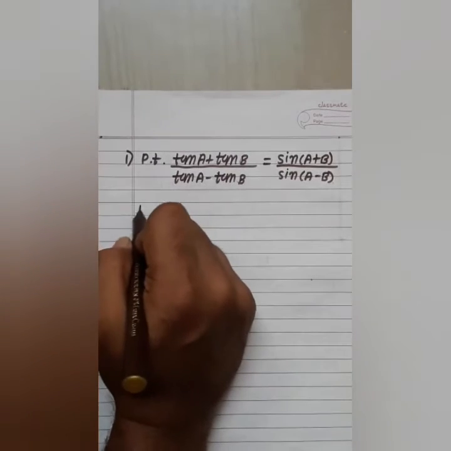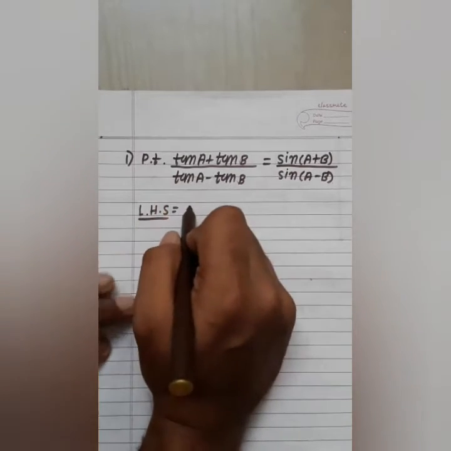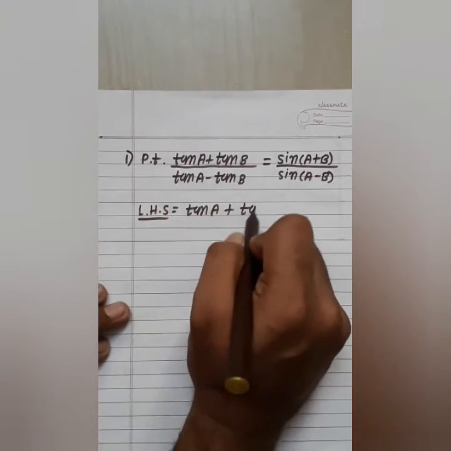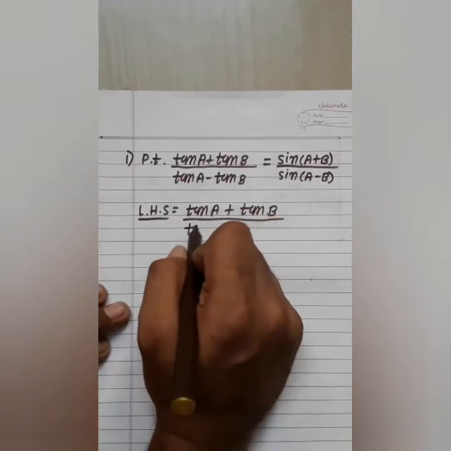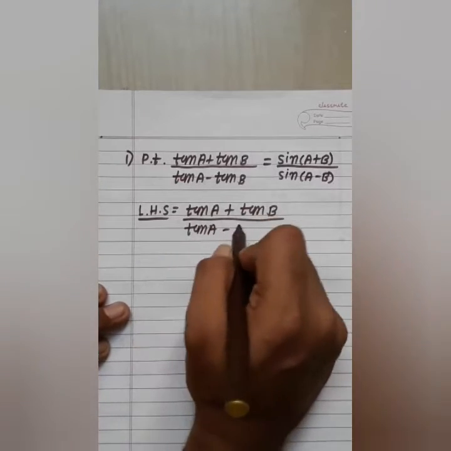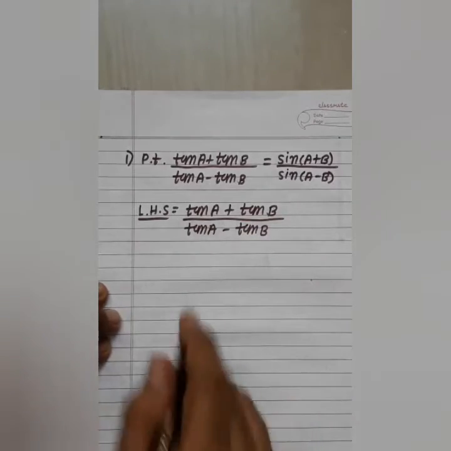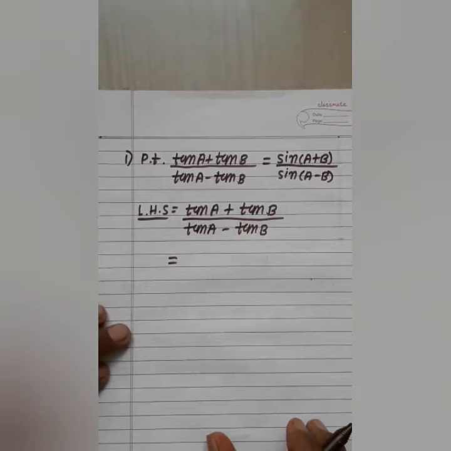So first of all, start with the LHS: (tan A plus tan B) upon (tan A minus tan B). Now we know that tan theta is equal to sin theta upon cos theta.